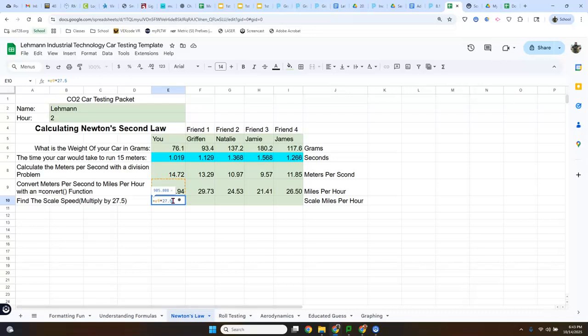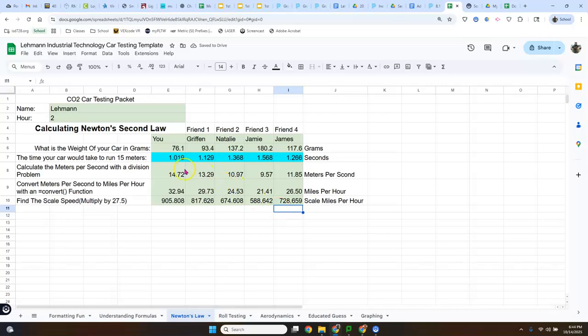So usually these Indy cars are about 27.5 times larger than our car is. And this is going to give us a really big miles per hour number. I think I did it right. It's saying that my car, if it was a normal size car, would be traveling at 905 miles per hour, which I don't believe is possible. Click and drag to the right to see what the scale speed is for all the cars in miles per hour.